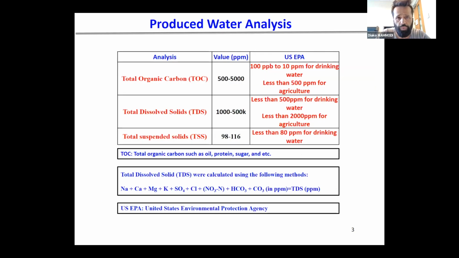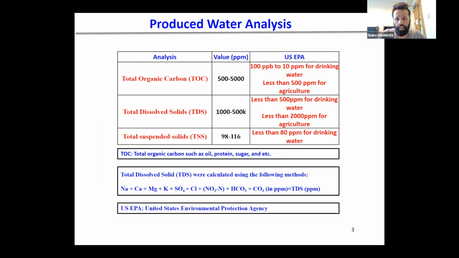Here is the produced water analysis. In our research, we are focusing on TOC, total organic carbon, TDS, total dissolved solids, and TSS, total suspended solids. Produced water depends heavily on geography in terms of TOC, TDS, and TSS.